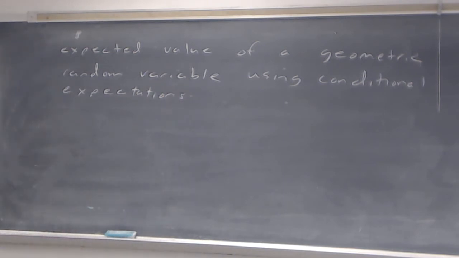Now, just for a second, let me remind you about geometric random variables. That's where a Bernoulli experiment is performed until the first success, and the random variable counts the number of times the experiment was performed.